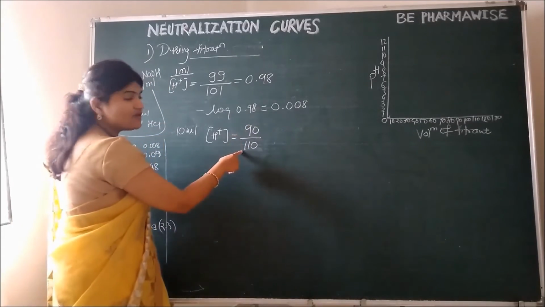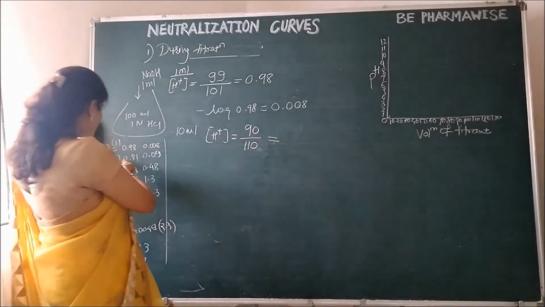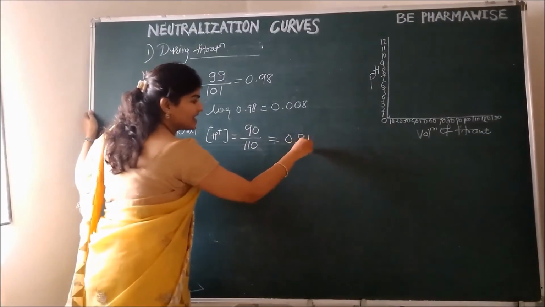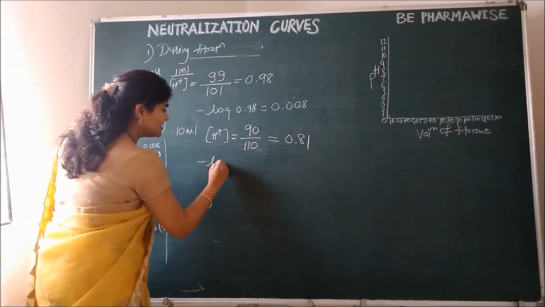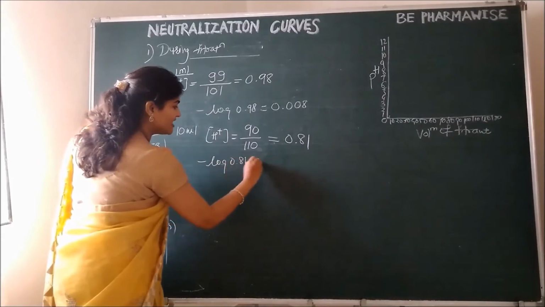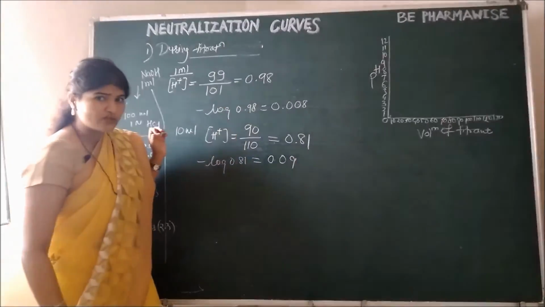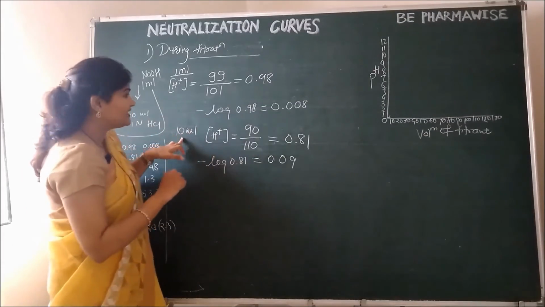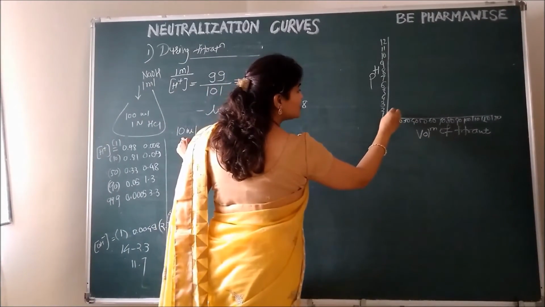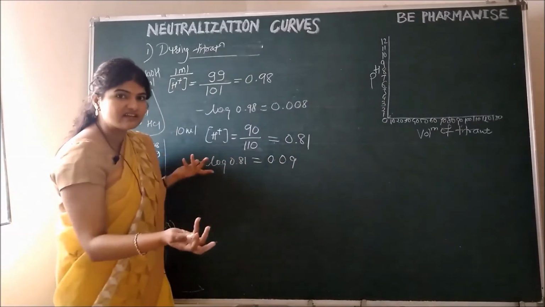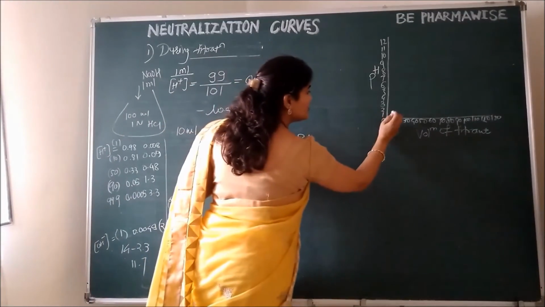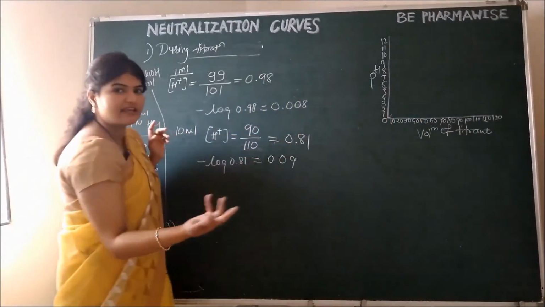So 90 by 110, if you calculate, it comes 0.81, and if you take negative log of 0.81, it comes 0.09. Okay, so the next point for 10 ml addition, it will be 0.09 somewhere here. Okay, so the points are going very gradually, as you can see.